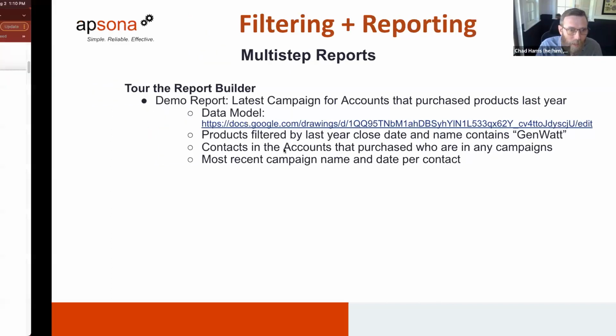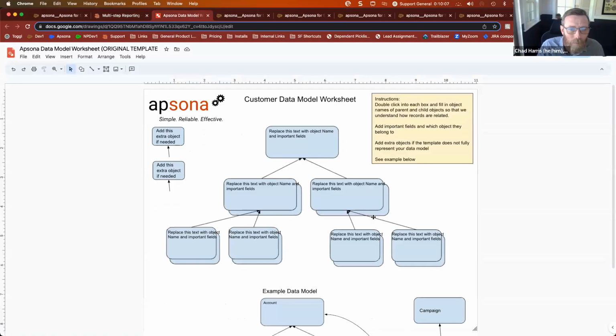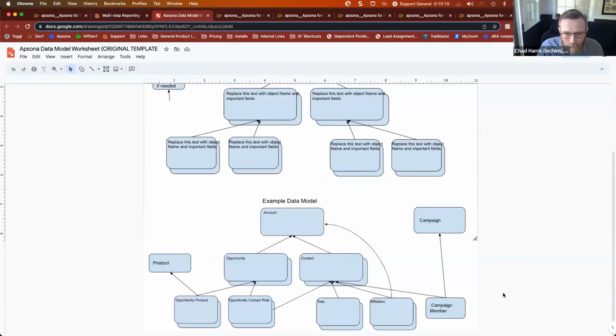So in order to do that, we have to span a lot of objects. I have a little example down here that I have on a worksheet that I use. So we need to get access to account information. We need to get access to product information because we want to identify a subset of products that were purchased last year.